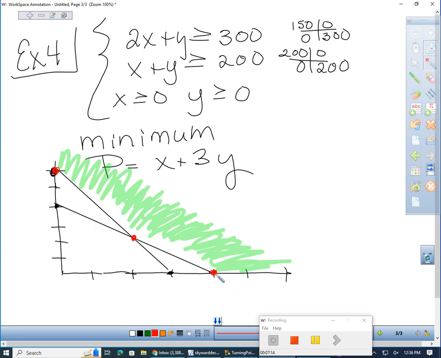So here's the first one. It's actually on the x-axis, so we know this is at 200 and 0. What's this one up here? 0 what? 300. Very good. All right, now we got to calculate that one. Madison, what do you think it looks like?